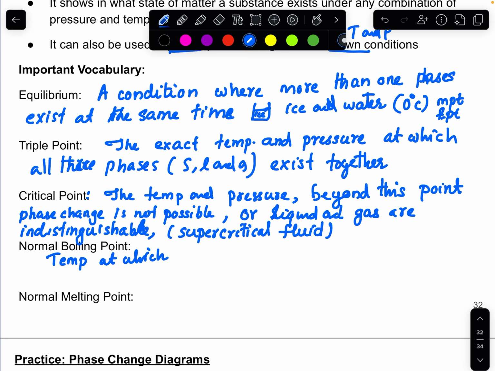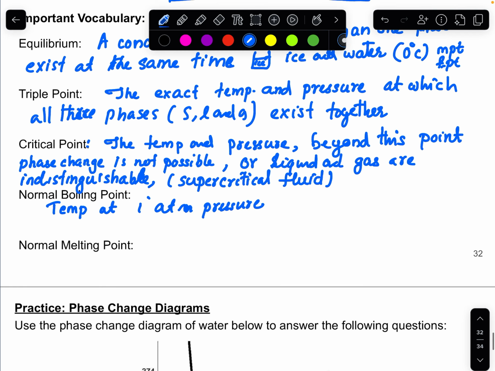That is the exact definition. But here, in terms of phase diagram, we can say this is a temperature at 1 atm pressure.